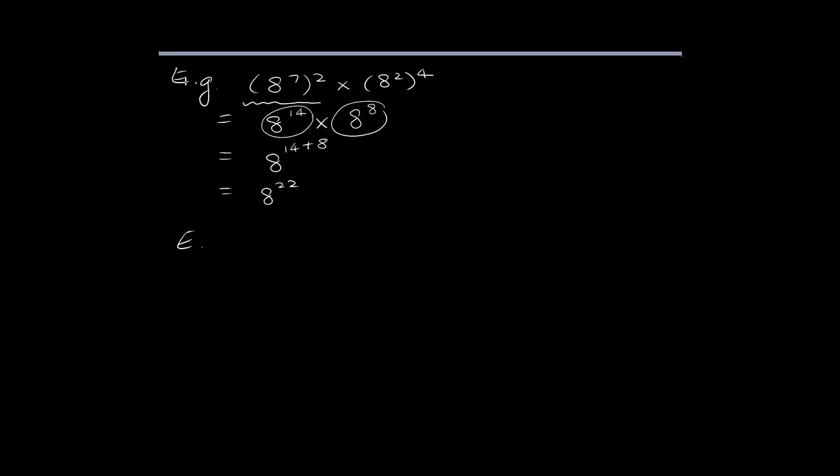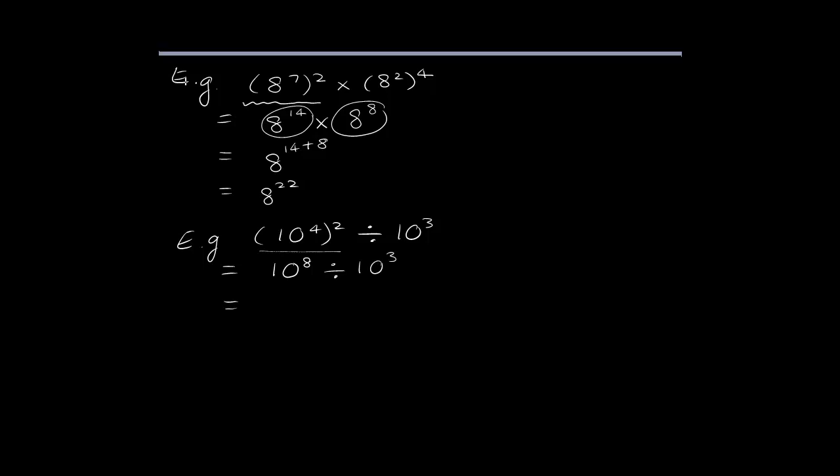Okay, let's have a look at another example. This time I've got 10 to the power of 4 all squared divided by 10 cubed. This part here is index law 3 because we're raising a power to a power. So this will be 10 to the power of, multiply the exponents, 4 times 2 will give me 8, divided by 10 cubed, which I haven't done anything with yet.